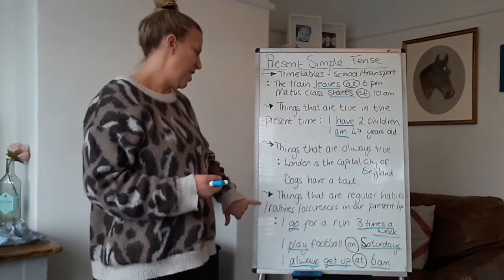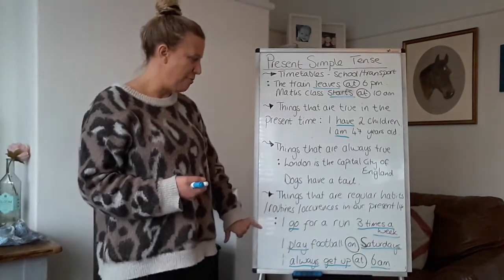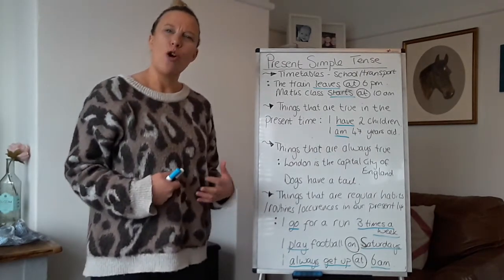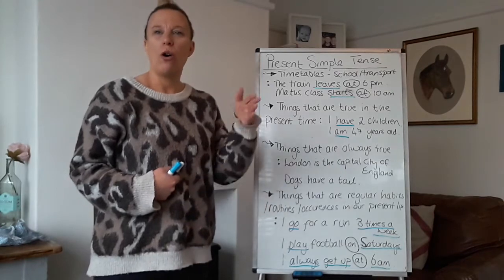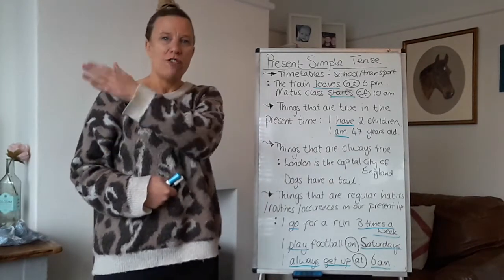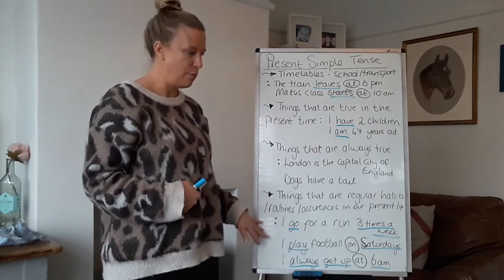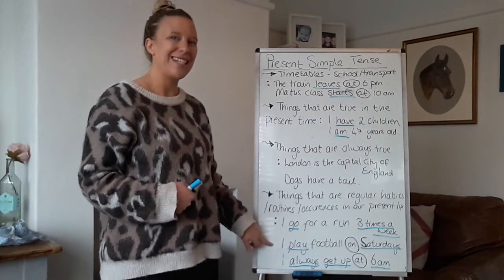Okay, things that are regular habits, routines, occurrences in our present life. So things that we do regularly or on a regular occurrence. So I go for a run 3 times a week. I play football on Saturdays.